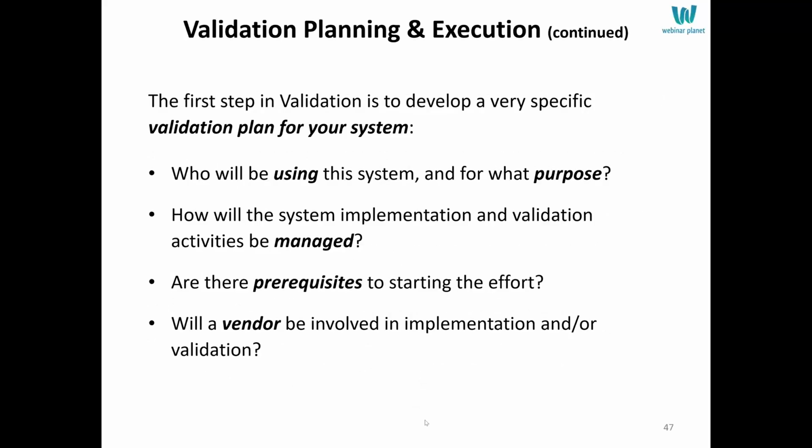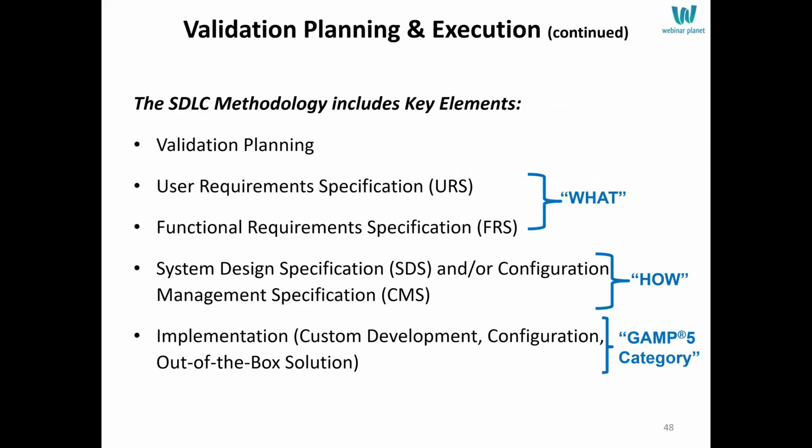So the first step is a validation plan of some type of plan. You can call it anything you want. Determine who's going to be using the system, for what purpose. How is the system implementation and validation activities going to be managed? Are there prerequisites? Is a vendor involved? You have to answer all these questions. So validation planning is your approach to how you're going to validate a particular system.